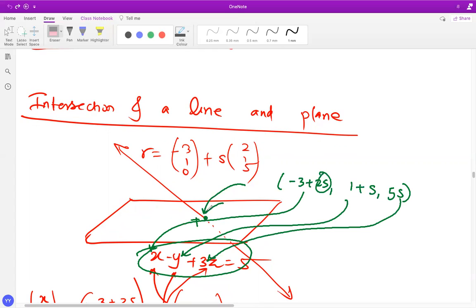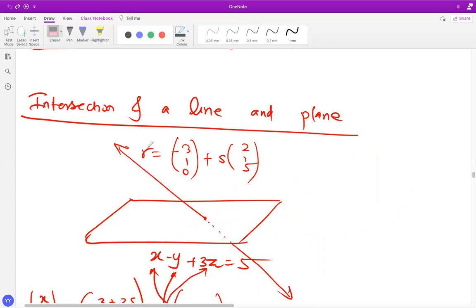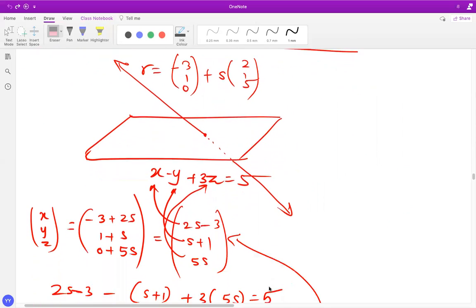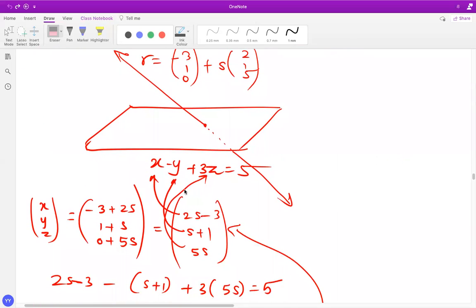Once you solve the equation and get the value of s, you plug it into the position vector to get the exact coordinates. Let's have a look at a clear solution. First convert the line to parametric form. As you know, the parametric form is the general coordinate of any point on that line.